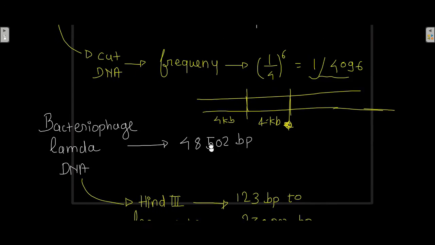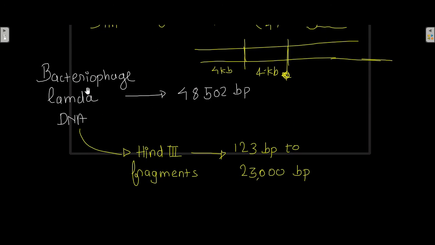But in practice, when bacteriophage lambda DNA, which is made up of 48,502 base pairs, that is about 48,000 base pairs, is subjected to HindIII, it produces fragments which vary in length from 123 base pairs to 23,000 base pairs.